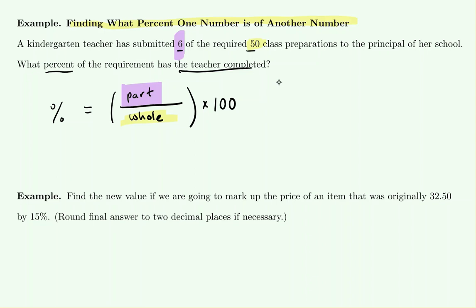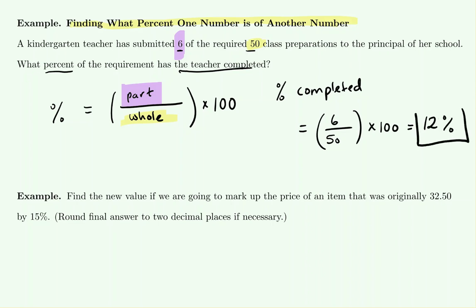So the percent that's completed is equal to 6 out of 50, which we would find in our calculator. That's 0.12. And then we would multiply by 100, and we would end up with exactly 12% completed.